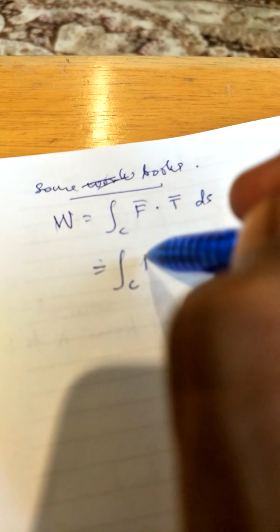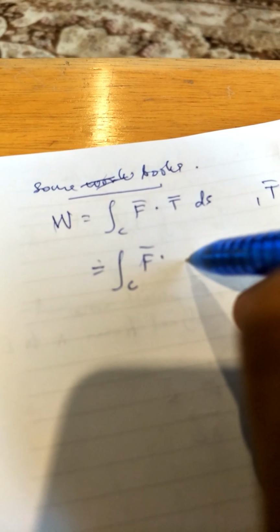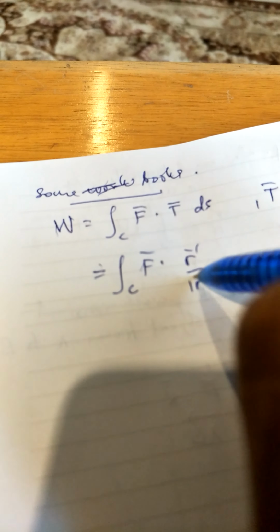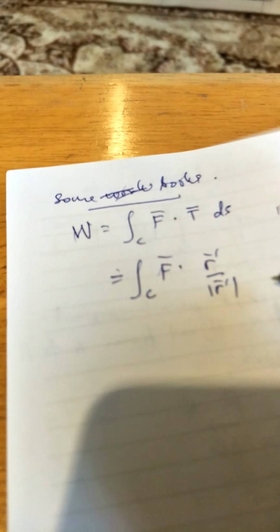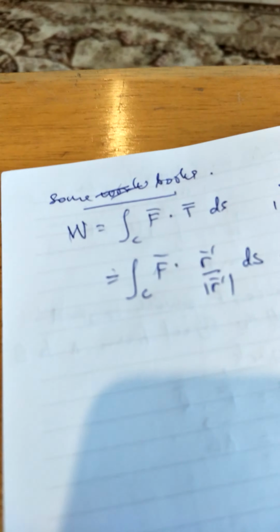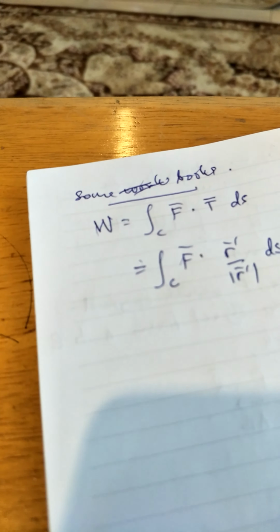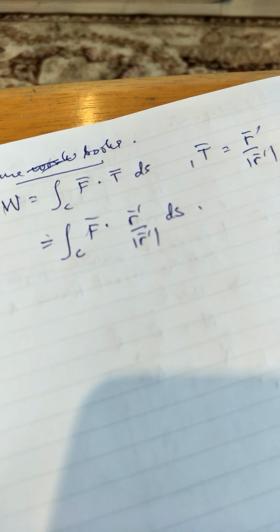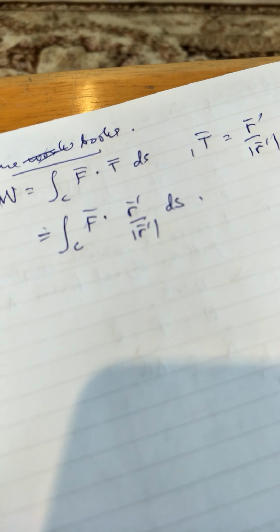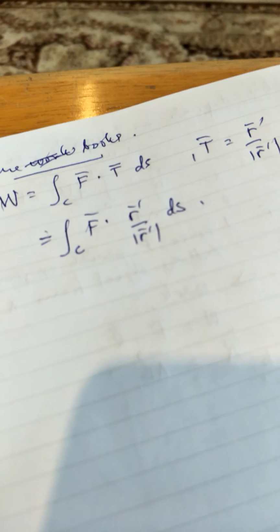So then we can change those things. We have the integral over C of F dot R prime over magnitude of R prime ds, and what do you know? ds is the magnitude of R prime dt.